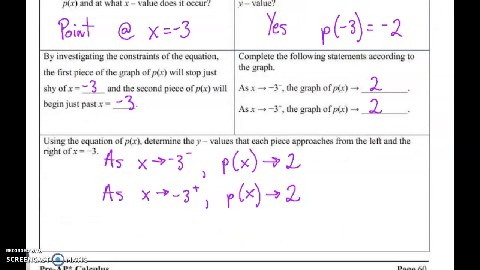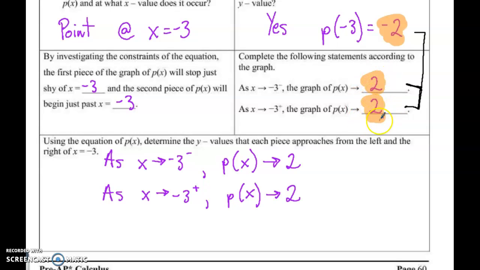So as I mentioned before, you're looking at this number, and this number, and if they're all the same, then it's continuous. Are they all the same? No, so it's not continuous. So then look at these two values.